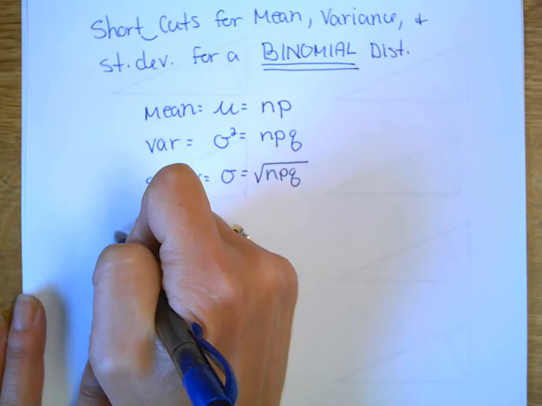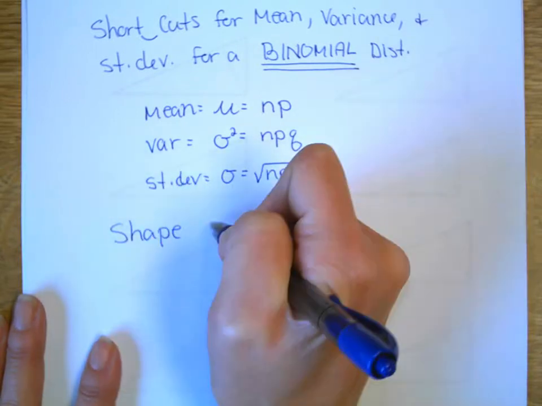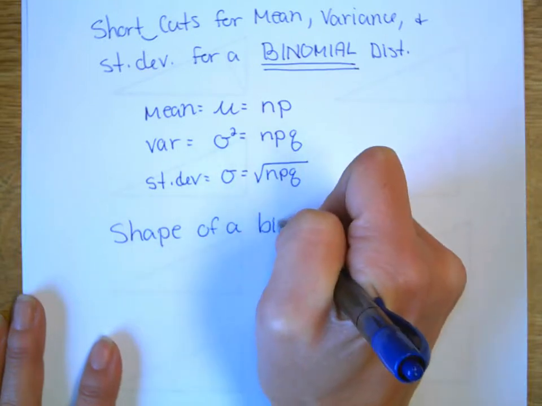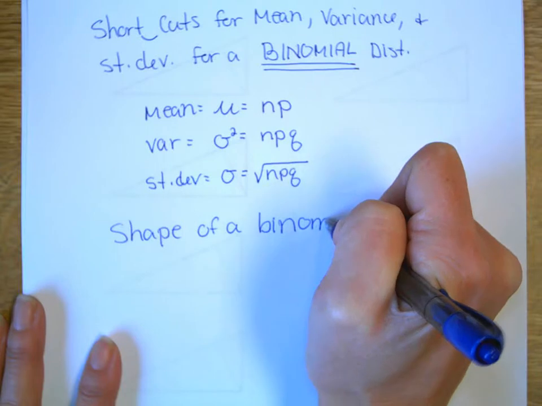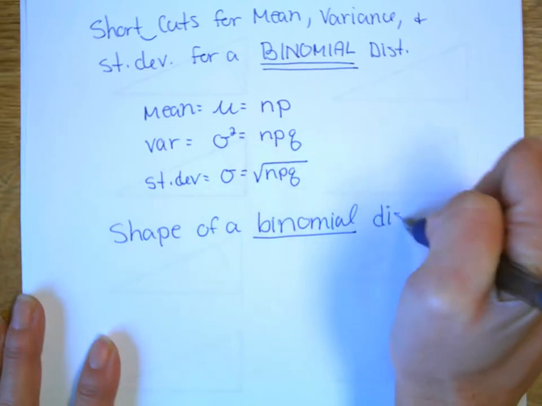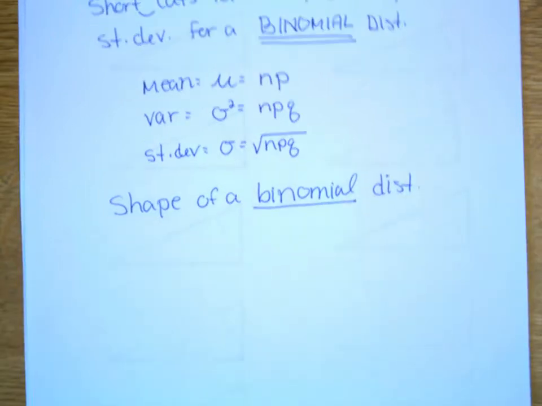And then the shape of a binomial distribution. I skipped over the graphing. The shape can be determined by the probability of a success.